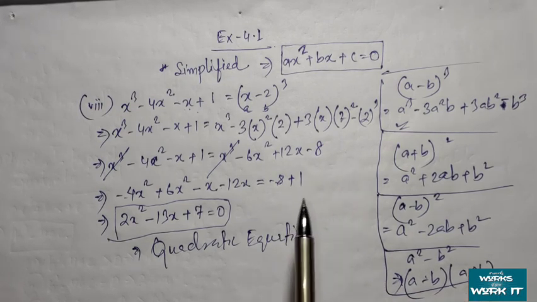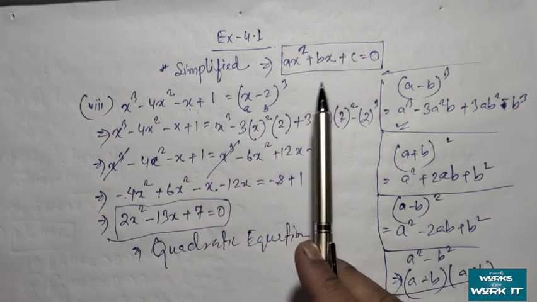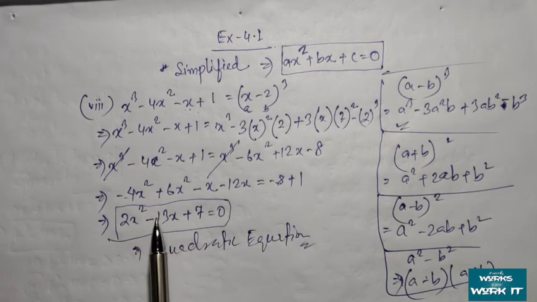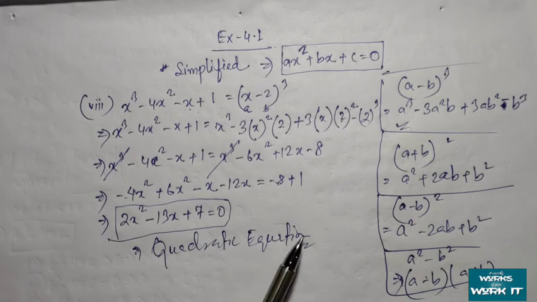Simply understand that for a quadratic equation, it has to be degree 2 in the given variable. If it is degree 2, it is a quadratic equation; if degree 2 is not there, it is not a quadratic equation.